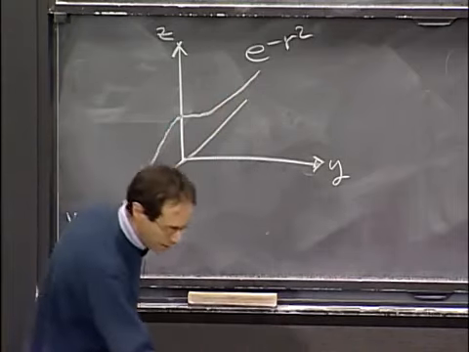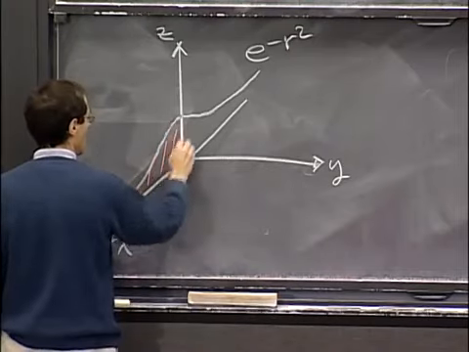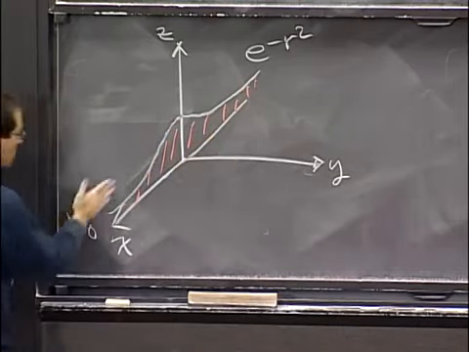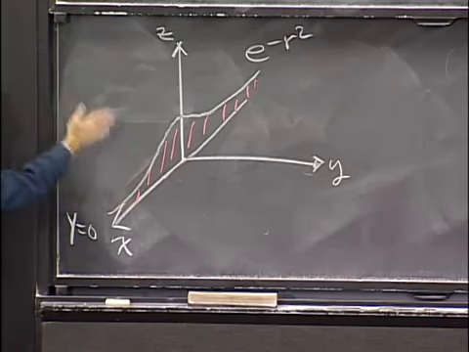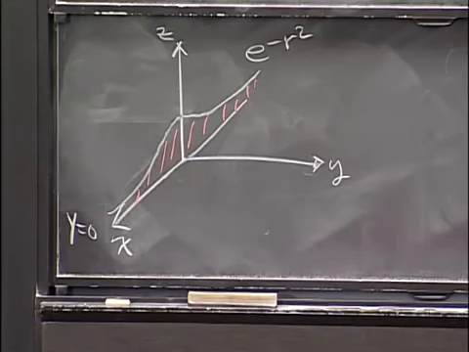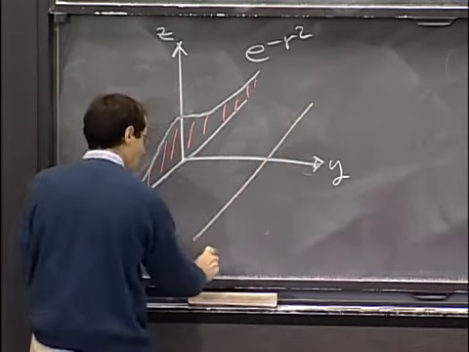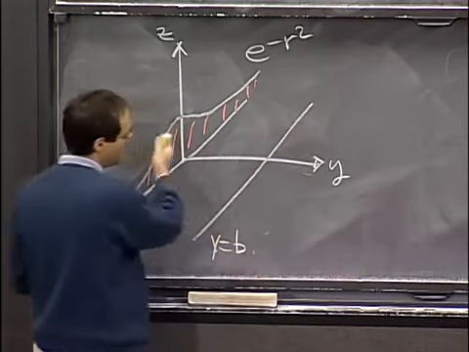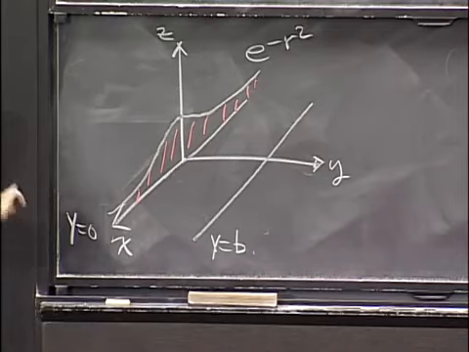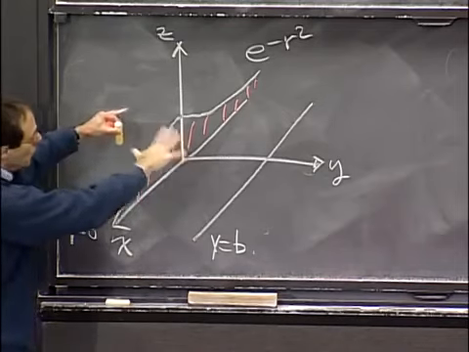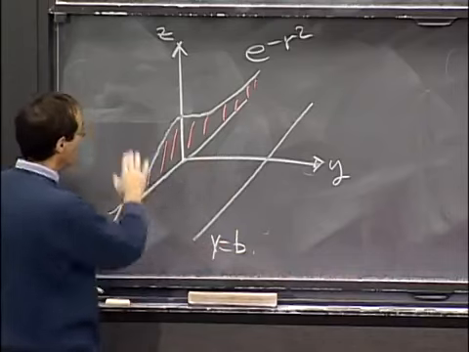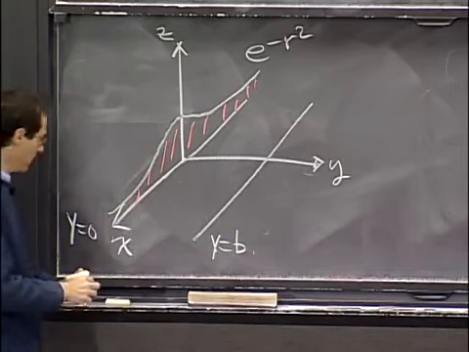And let me shade this in so that you can see what kind of a slice this is. This is supposed to be along this vertical plane here, which is coming out of the blackboard and coming towards you. And that's a slice. Now I'm going to draw one more slice so that you can see what's happening. I'm going to draw a slice at another place along here. This will be y equals b, some other level. And now I'm going to show you what happens. What happens is that the hump dies down a little bit, so the bump is just a little bit lower.